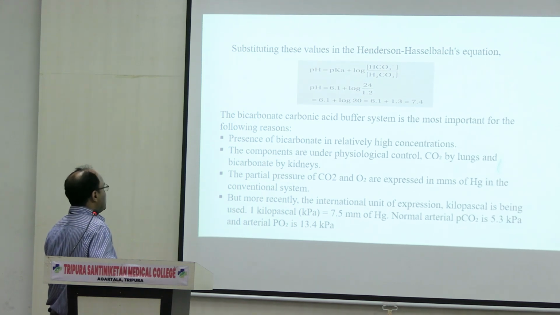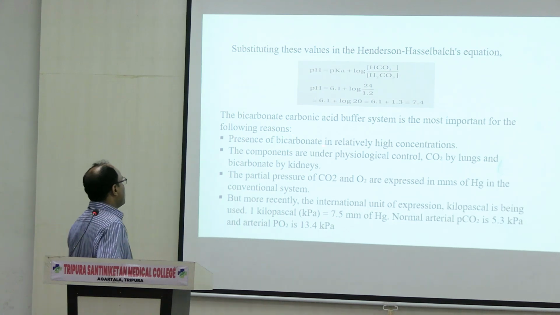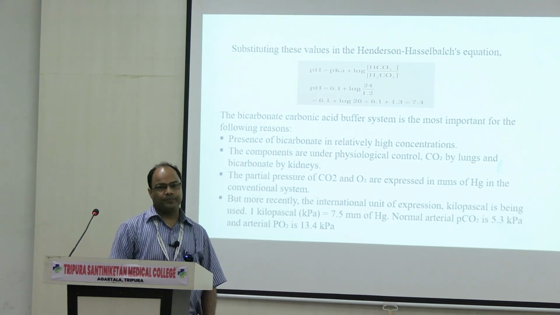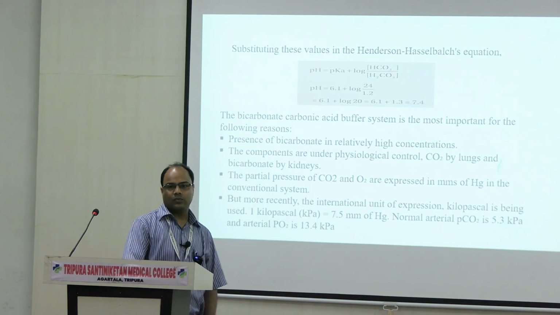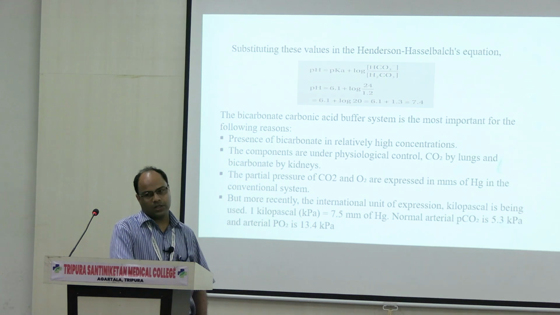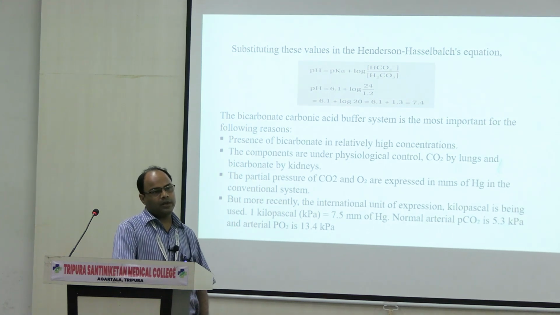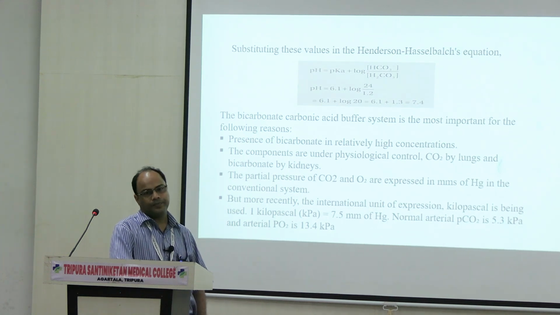Why is the bicarbonate system more important? Because of the presence of bicarbonate in relatively high concentration. It is 20 times higher than carbonic acid, and it denotes the alkali reserve in our body.